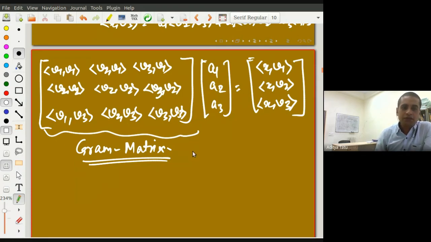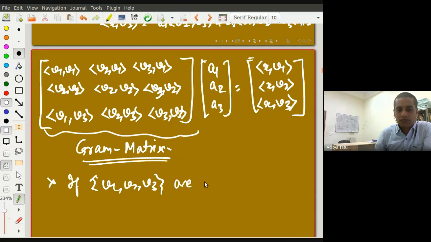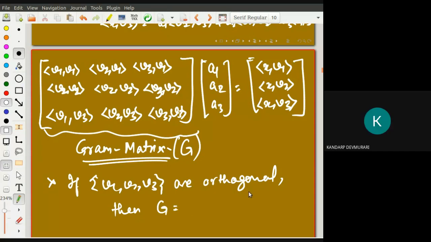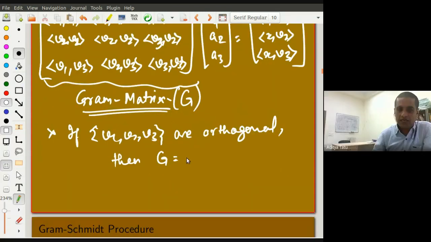If V1, V2, V3 are not orthogonal, what can you say about the Gram matrix? Or to simplify the question, if V1, V2, V3 are orthogonal, let's denote this Gram matrix by G, then what would G become? Diagonal. It would be diagonal.